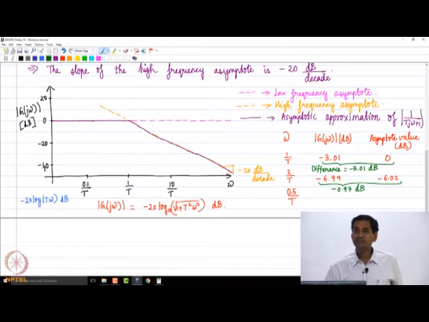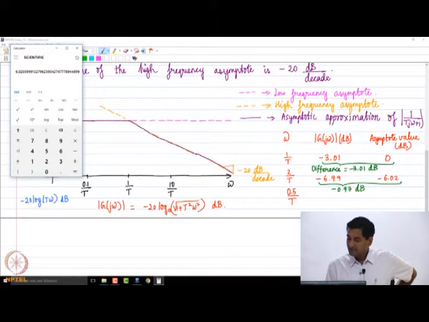So now can you calculate what happens to the actual value at 0.5 by T? If you have to plug in that equation, T squared omega squared is going to be 0.25, right.